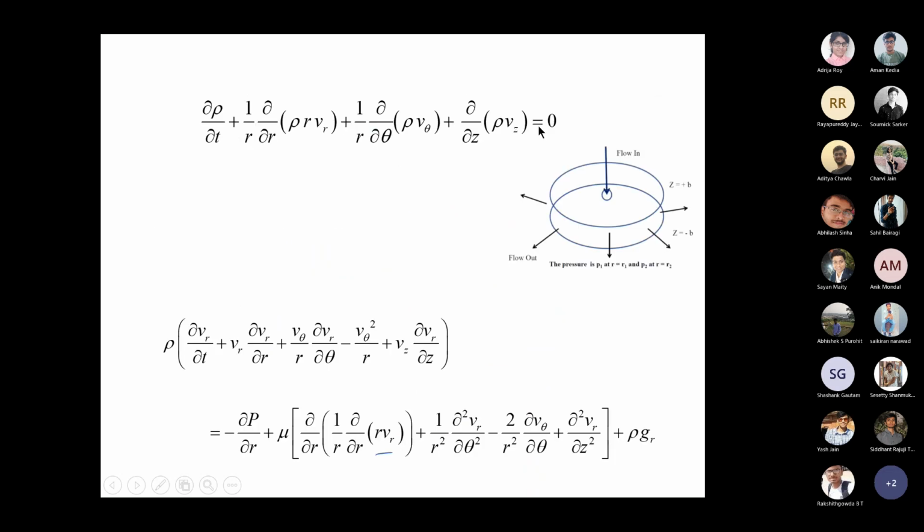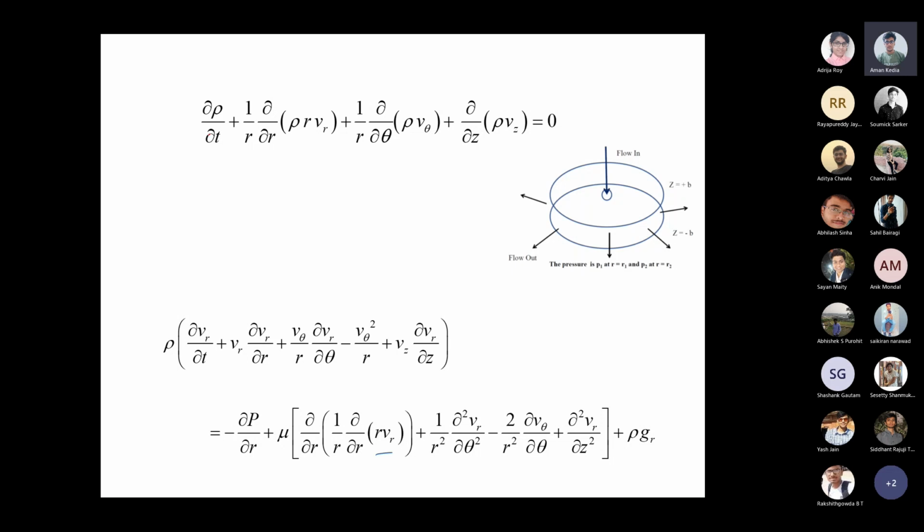The first, what I have written is this continuity equation, and in the second, since the principal direction of motion is r, I have written down the r component of the equation of motion in cylindrical coordinates. And we need to proceed with that.